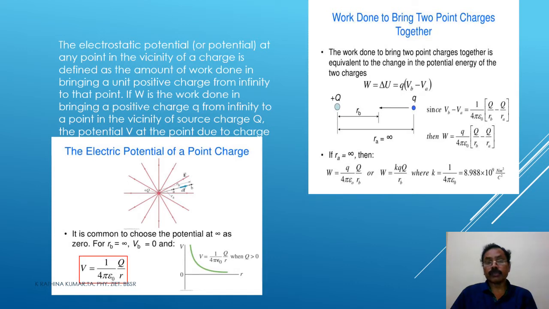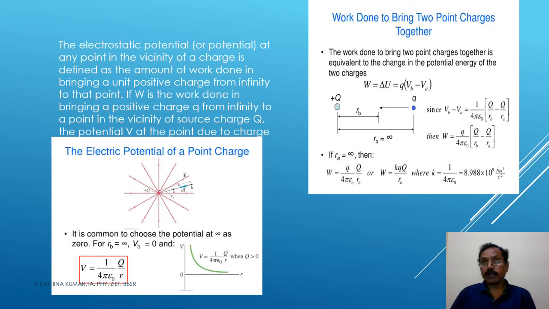How does this equation come about? We know that the work done to bring the point charge together is equivalent to the change in the potential energy of the two charges. So W is equal to delta U, the symbol given for the potential energy, and the potential difference into the charge is what is called potential.